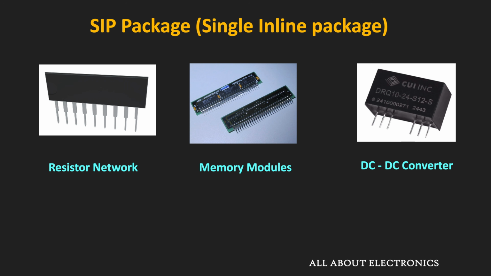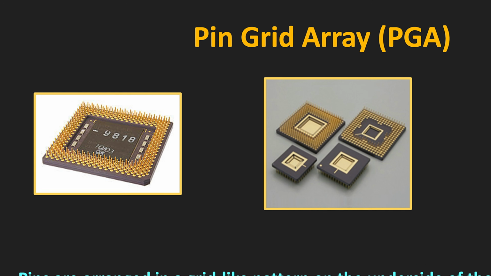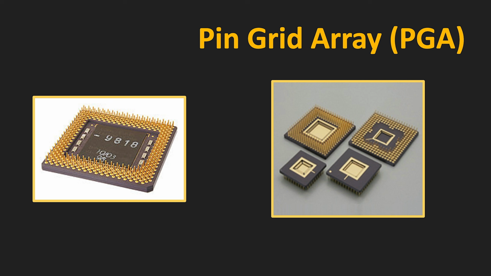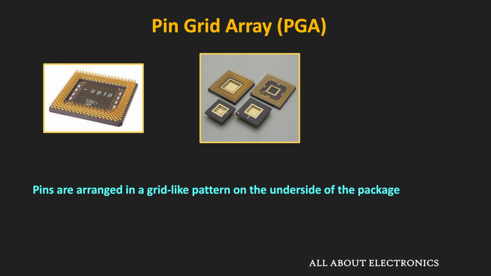Apart from the SIP and the DIP, there is another through-hole package, that is the pin grid array package. As its name suggests, in this package, the pins of the component are arranged in a grid-like pattern on the bottom side of the package. As most of the bottom part of the package is used for pins, this package provides many more pin contacts compared to the DIP and the SIP packages.